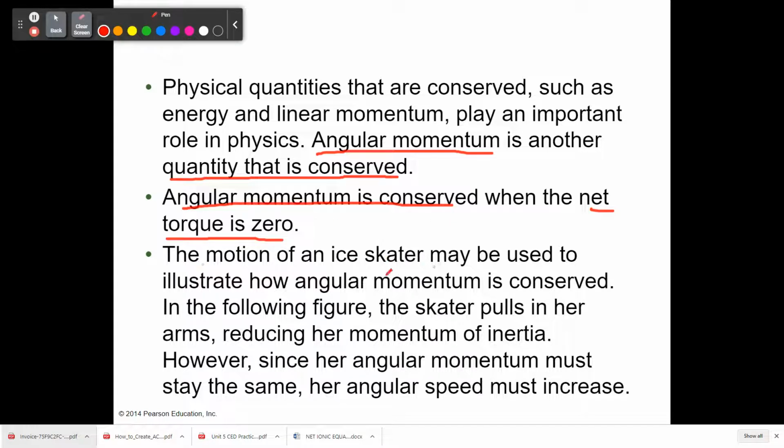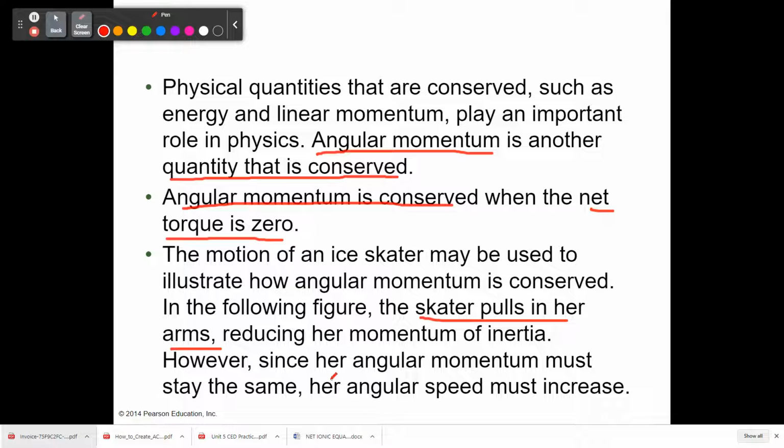The motion of an ice skater can be used to illustrate this. And this is kind of neat because we've got the Winter Olympics coming up in a few weeks. If you watch those ice skaters, when the skater pulls her arms in, that reduces her moment of inertia. To counteract that, her angular momentum has to stay the same, so her angular speed increases.